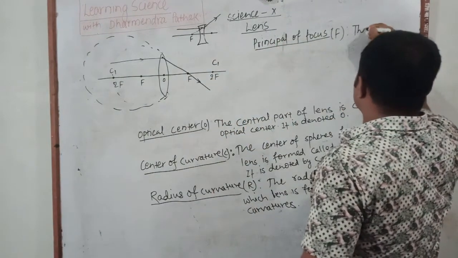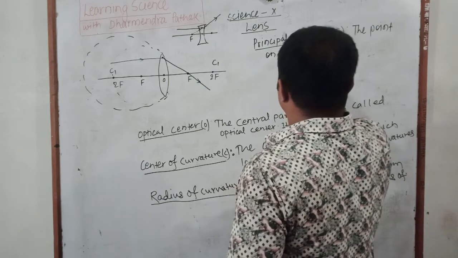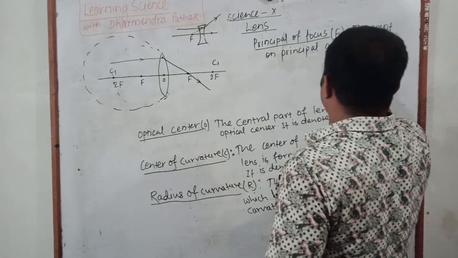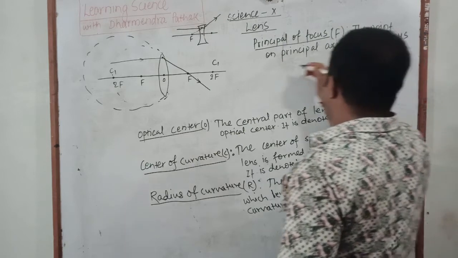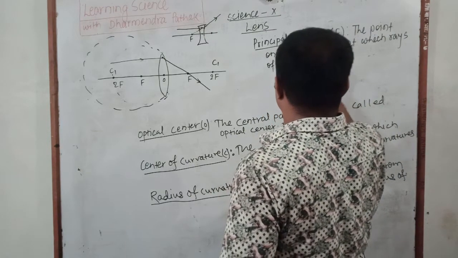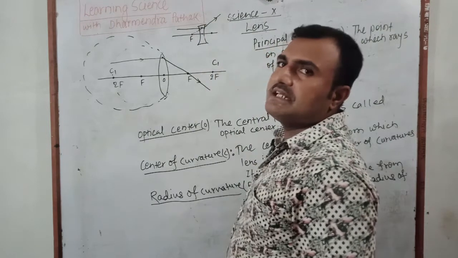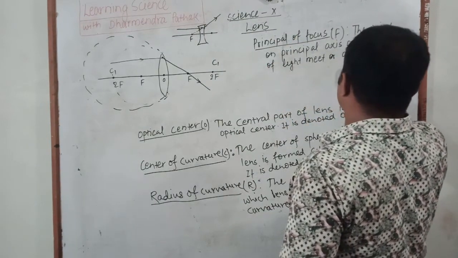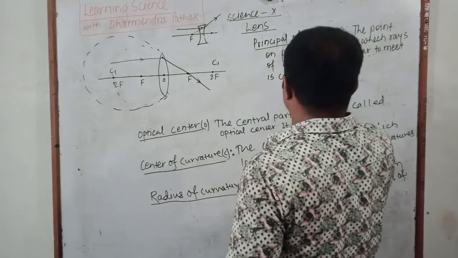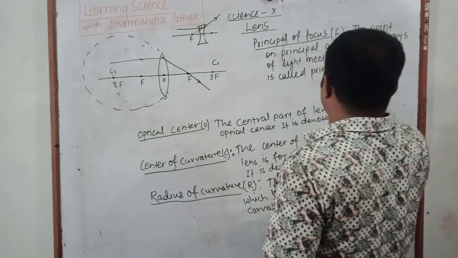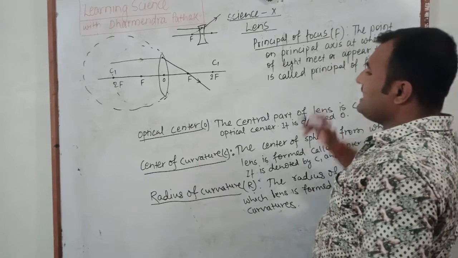And here we define the point on the principal axis at which rays of light meet, that is caught, or in case of a concave lens appear to meet, is called principal focus. That is, principal focus is denoted by F.